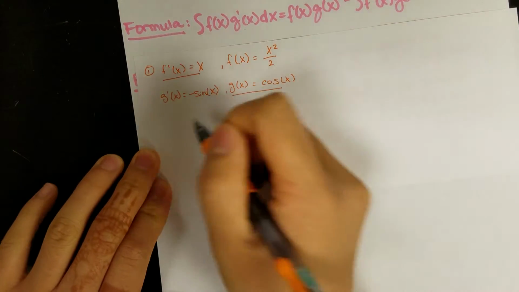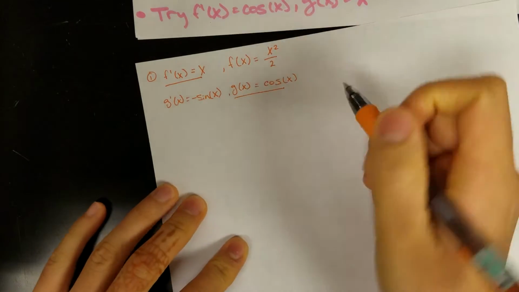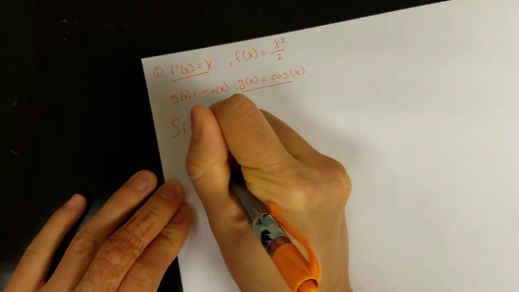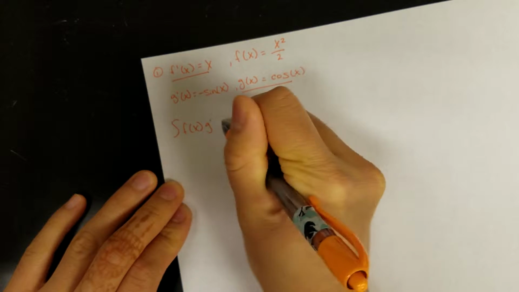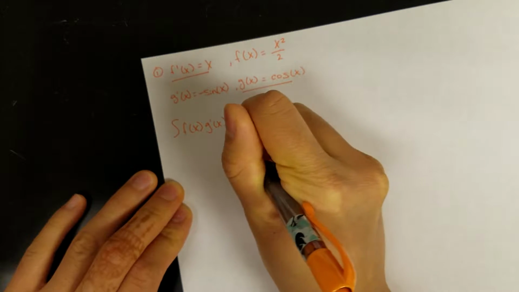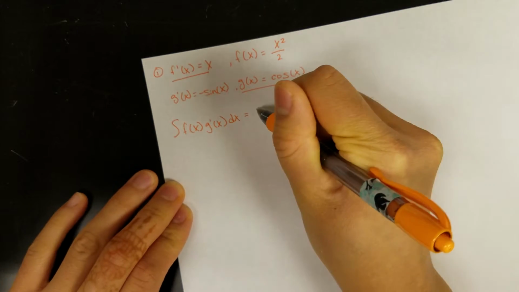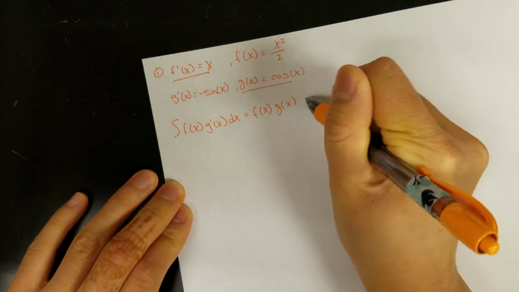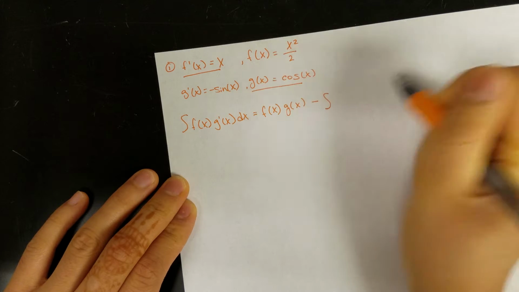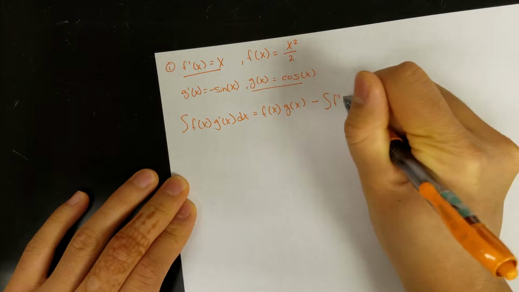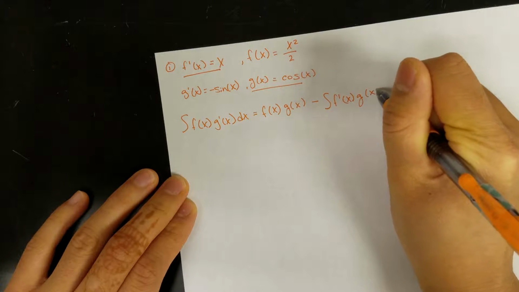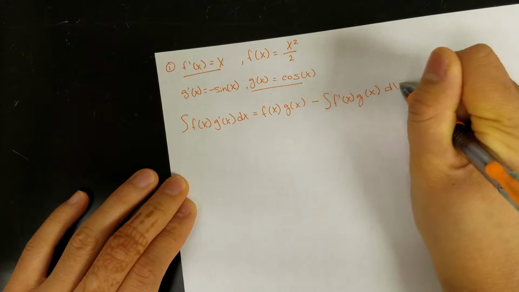So if we want to rewrite this, we have the integral of f of x times g prime of x dx equals f of x times g of x minus the integral of f prime of x times g of x dx.